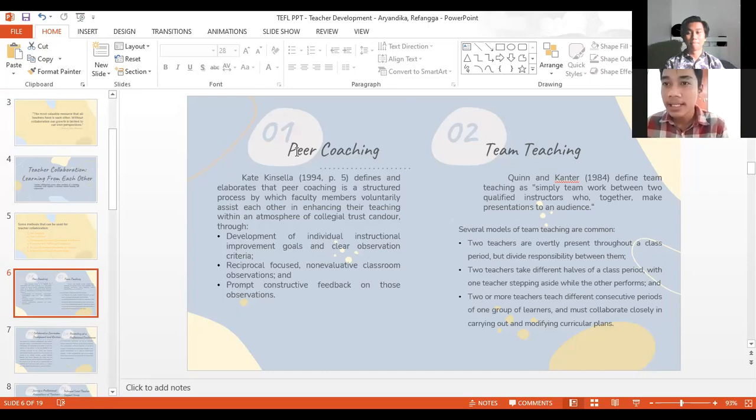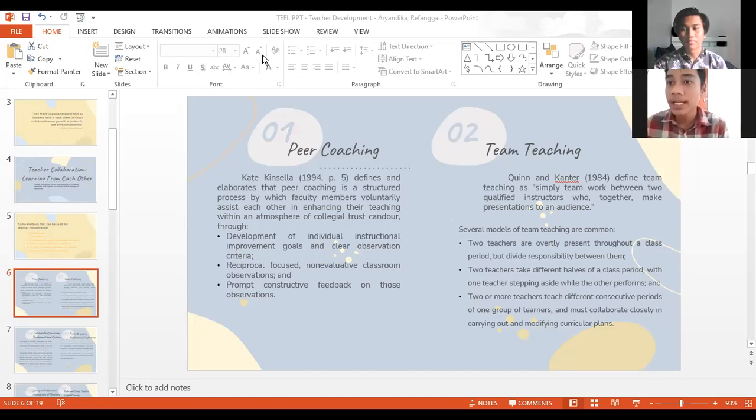And then the next is team teaching. Team teaching can be defined as a group of two or more teachers working together to plan, conduct, and evaluate the learning activities for the same group of learners. As we can see in the PowerPoint presentation, there are several models of team teaching that are common.